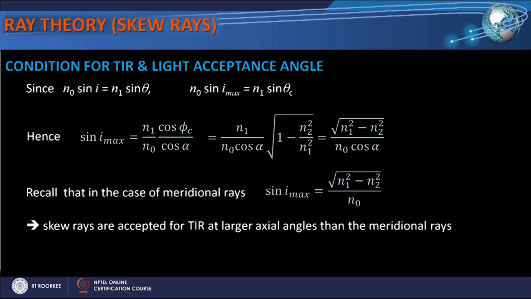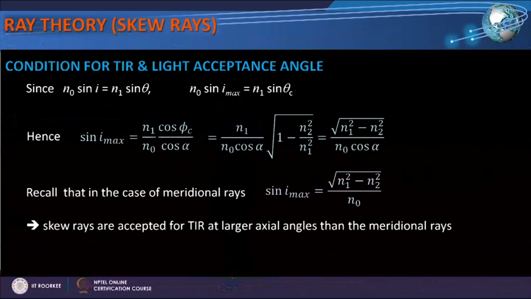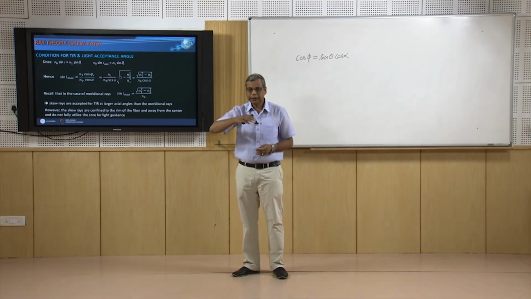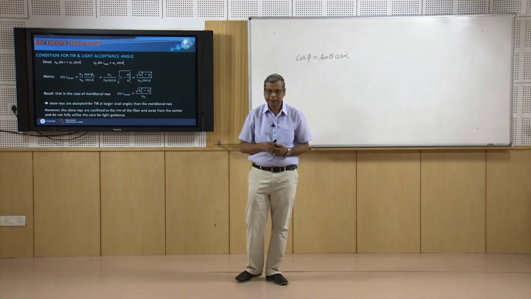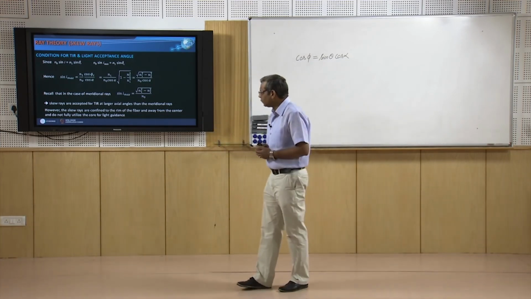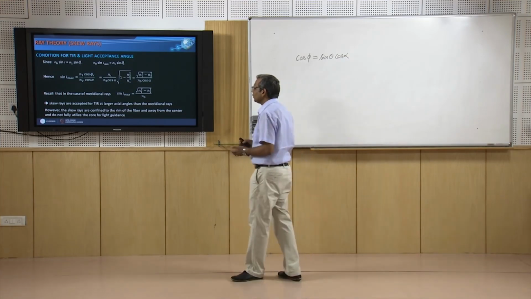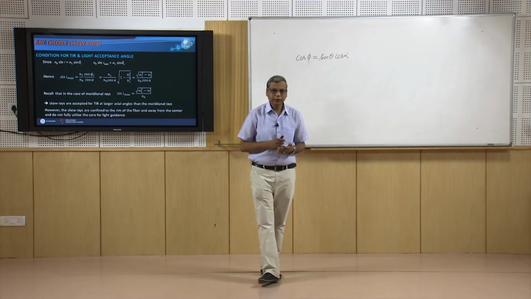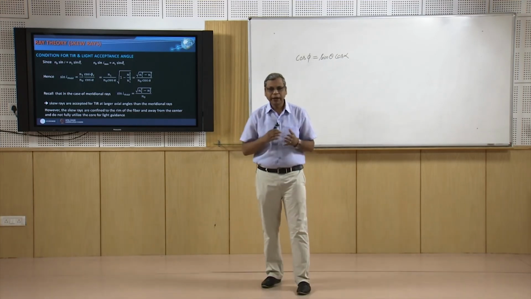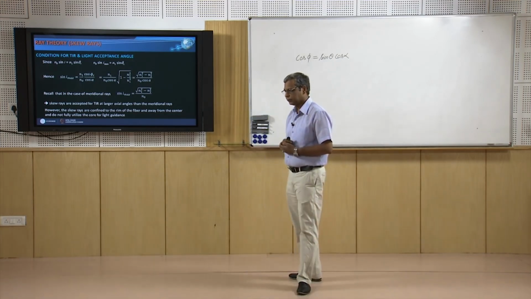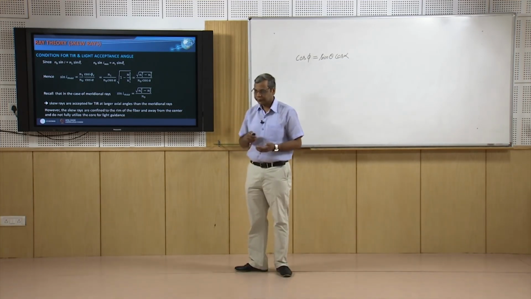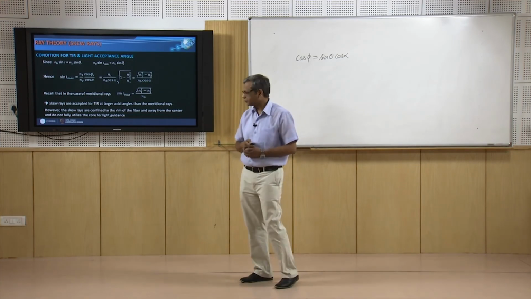But what happens is that these skew rays are confined to the rim of the fiber, they never cross the axis, and therefore they do not fully utilize core for light guidance, and because of this they are not very important to be considered in optical fiber design and communication.